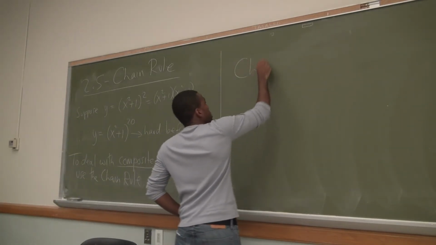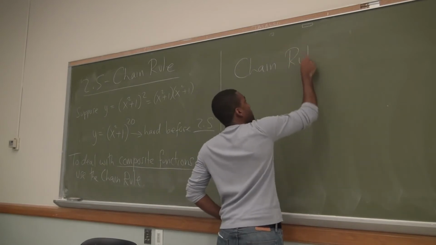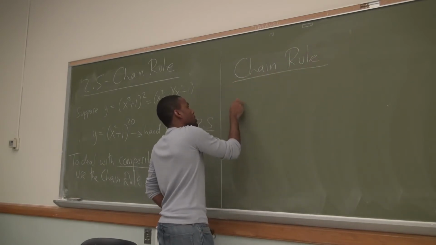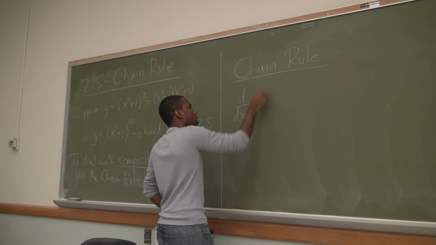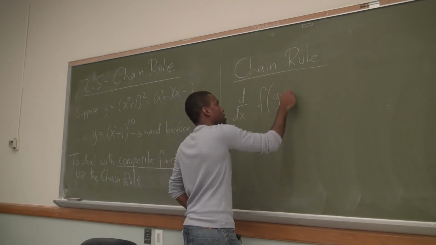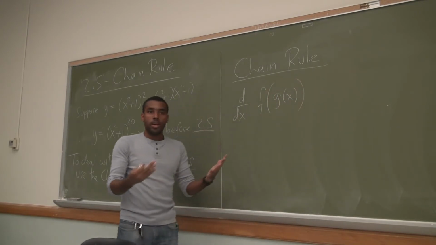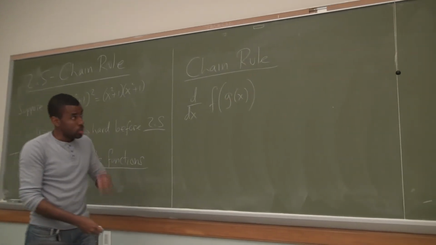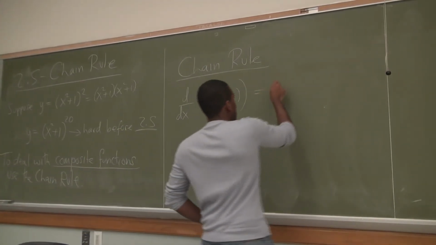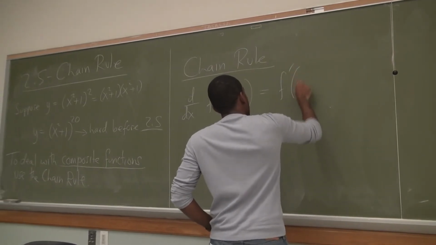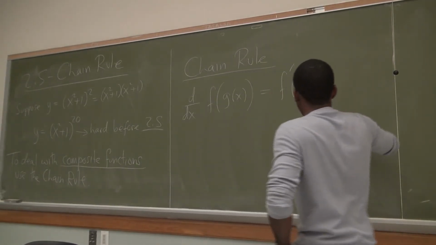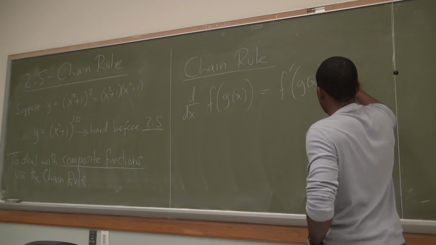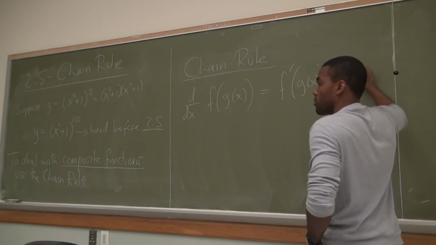Now the chain rule says the following. The derivative of f of g of x, so it's not just f of x, there's a whole function g of x stuffed in where the x usually goes. What you do is differentiate the outside function, leave the inside one intact, and multiply by the derivative of the inside function.